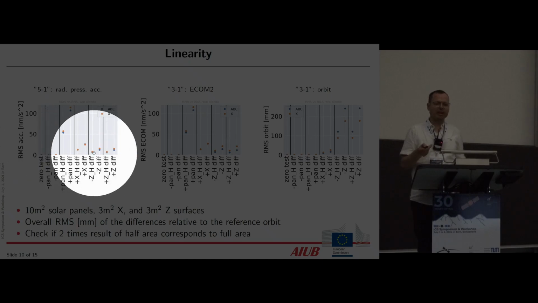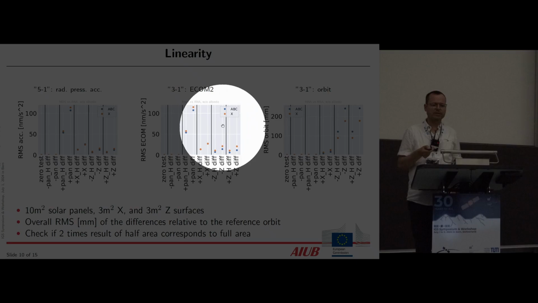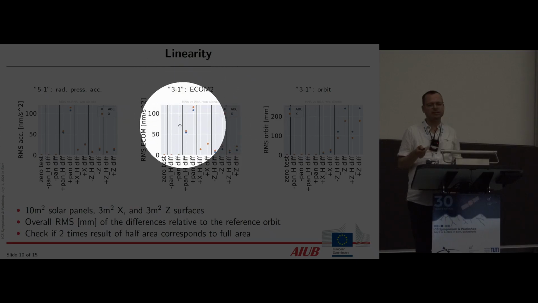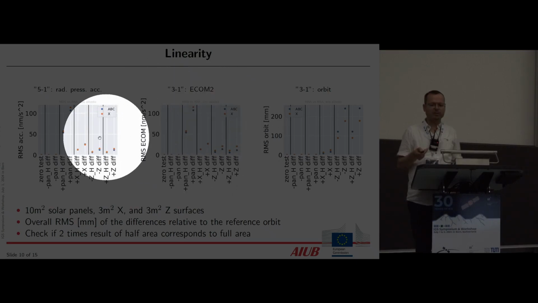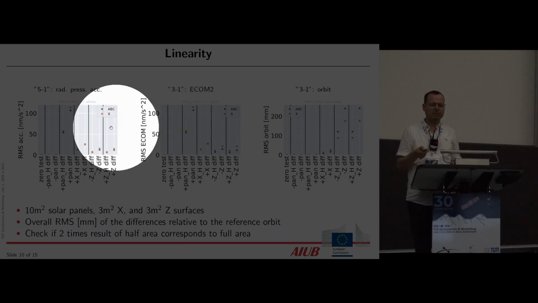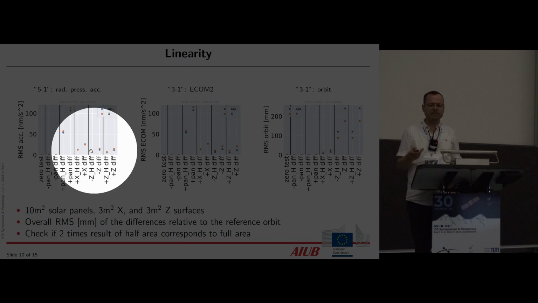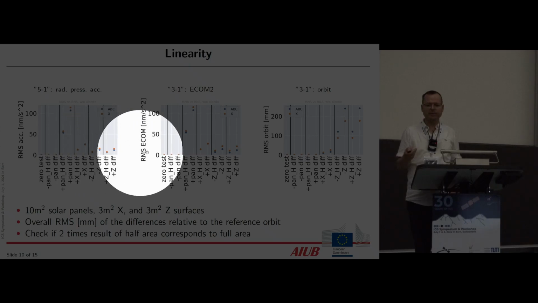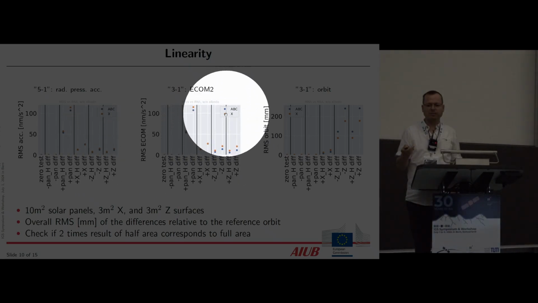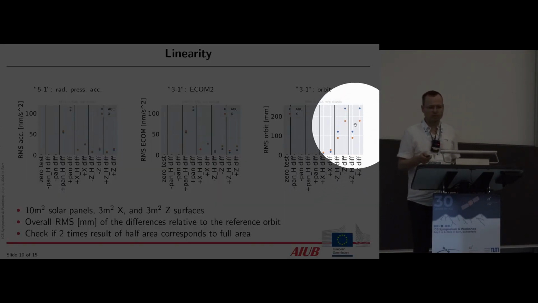Then you have here what happens with the ECOM2 model, the compensation, so to say, for these modified accelerations. At least for solar panels, it compensates very well, as we know, and for the X surfaces, it compensates also quite well. But for the single C surfaces, we see that in the orbit, there we will see an effect which would then also propagate into the global estimation.